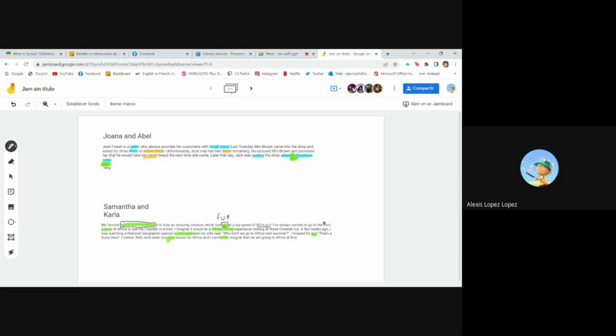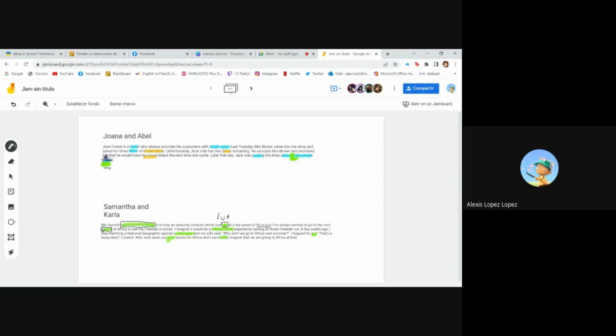I've always wanted to go to the cool plains of Africa. Why did you highlight this word? Because I think it's misspelled. What would you replace it with? The grasslands, because that's where the cheetah lives. Oh, correct. That's a good option.